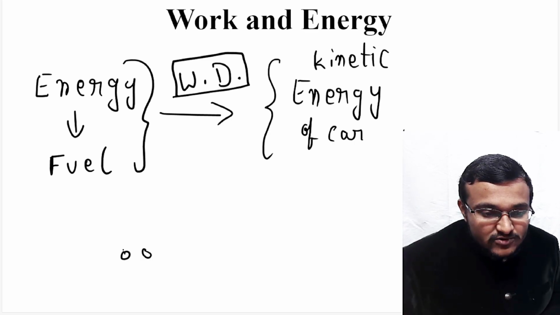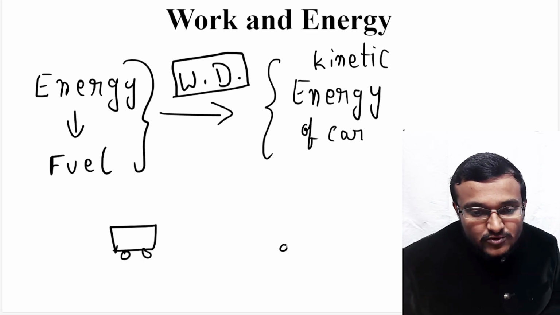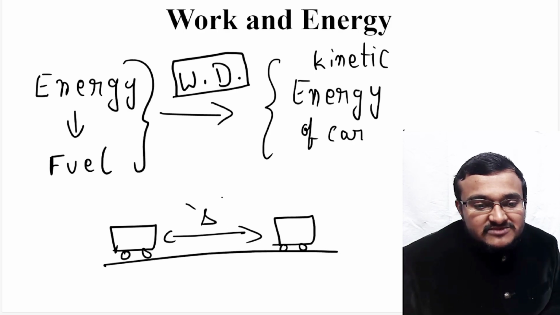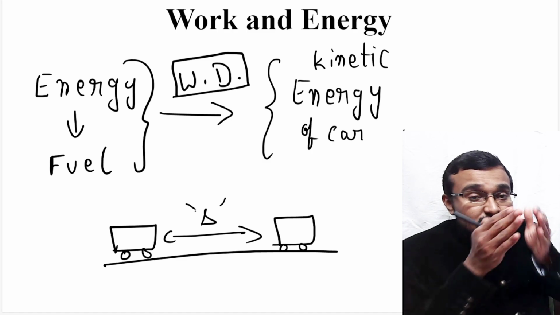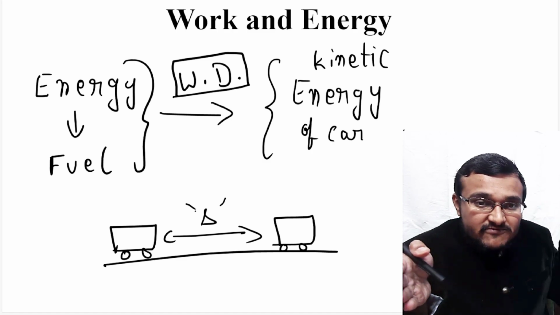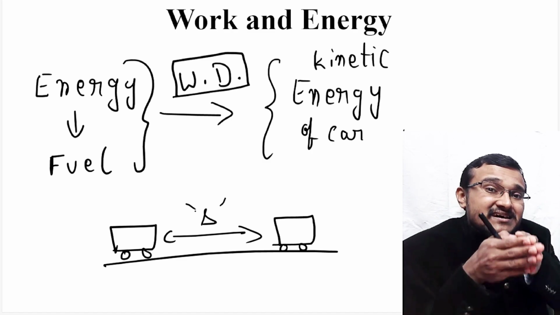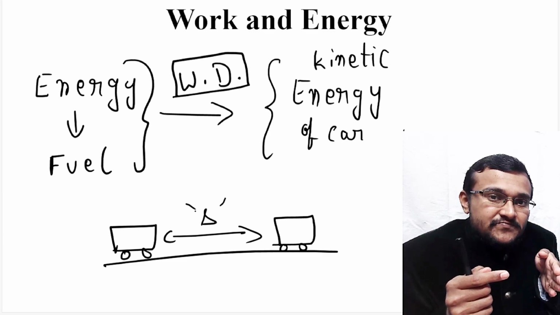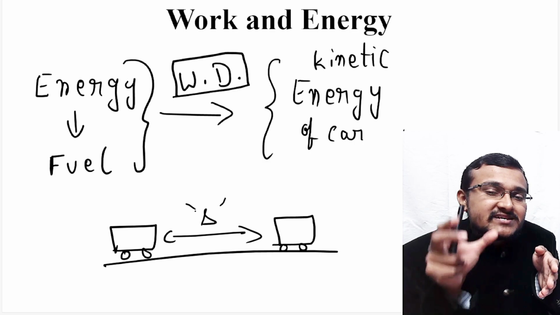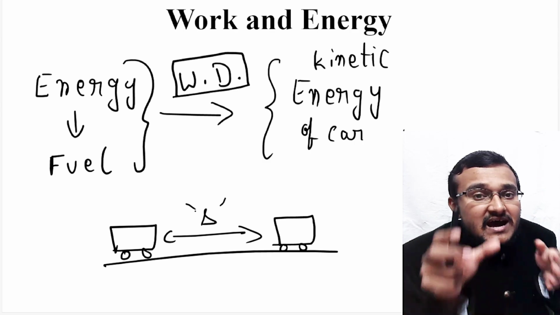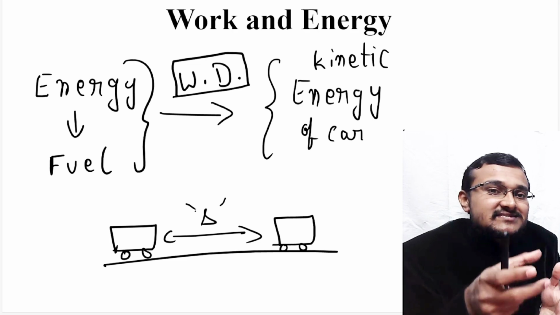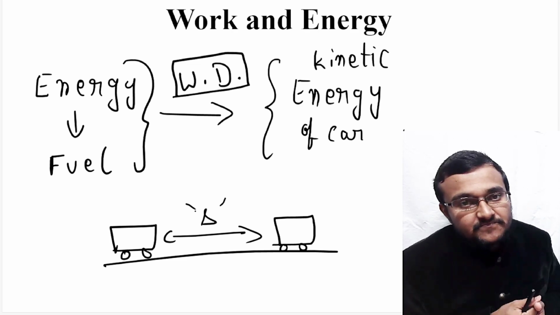Initially the car was standing at this particular position. Now the car has come to this position. Let's imagine, it has covered a certain amount of displacement. It has covered that displacement by getting force, and that force and displacement together give the work done by the car. That work done is happening because energy is getting released from the fuel.